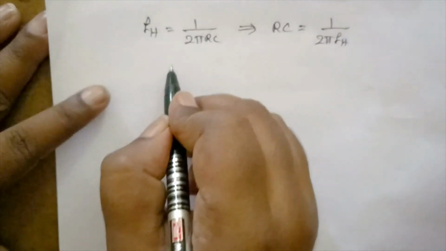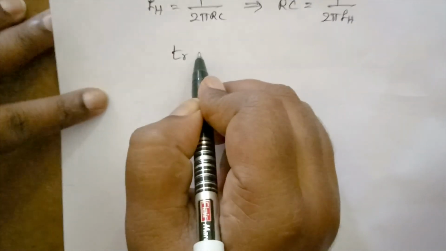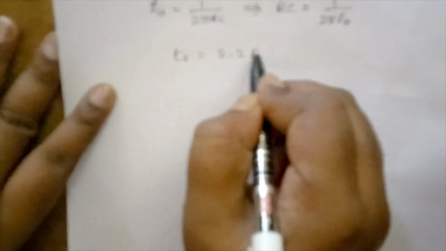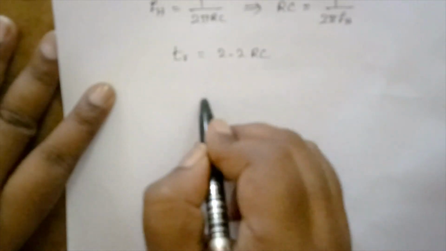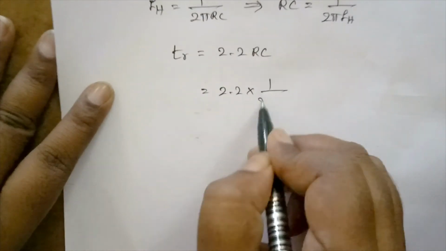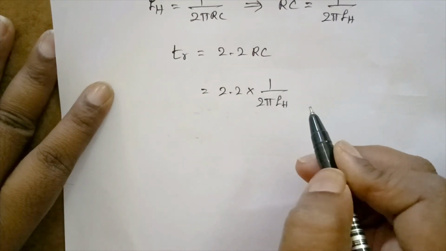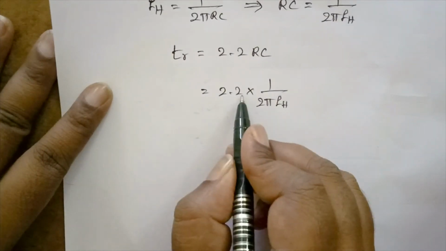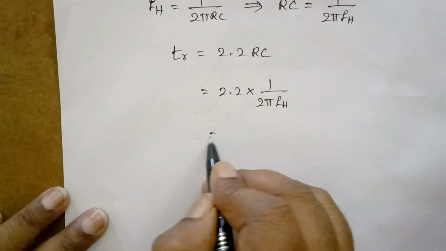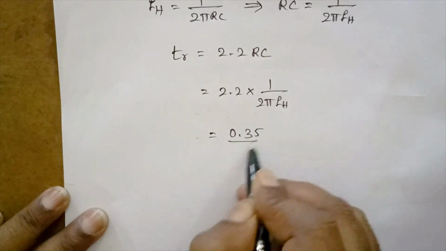But we got the expression for rise time as TR is equal to 2.2 RC. So instead of RC, I am substituting this value: 2.2 into 1 by 2 pi FH. So 2.2 divided by 2 pi value is 0.35 divided by FH.